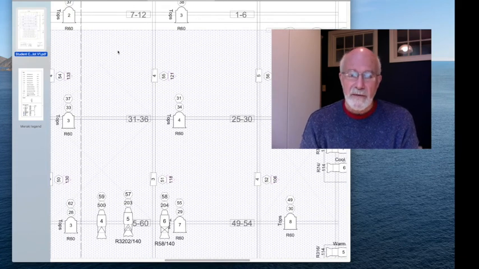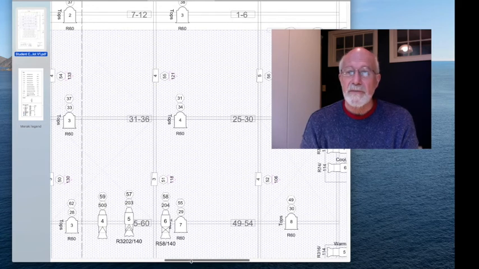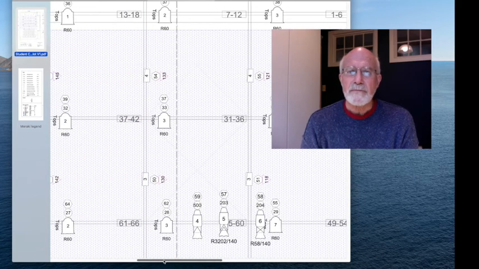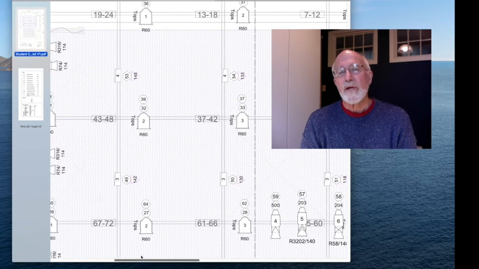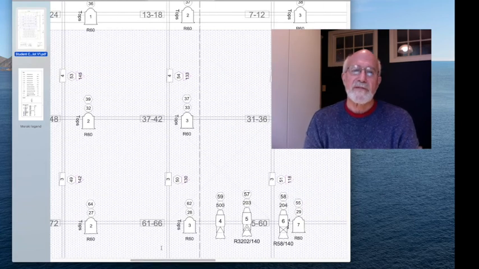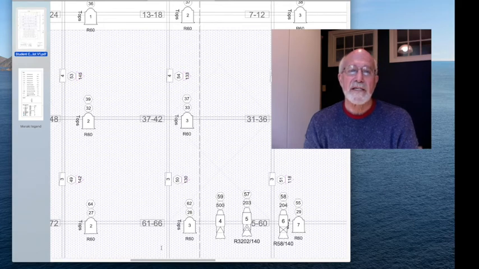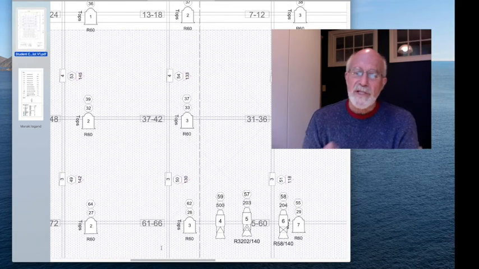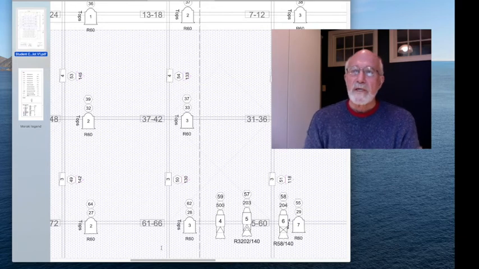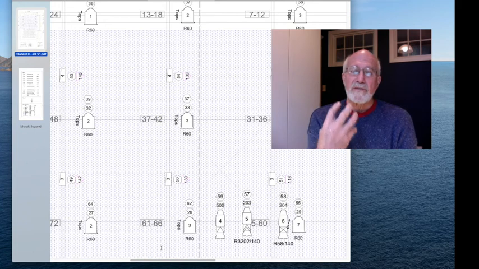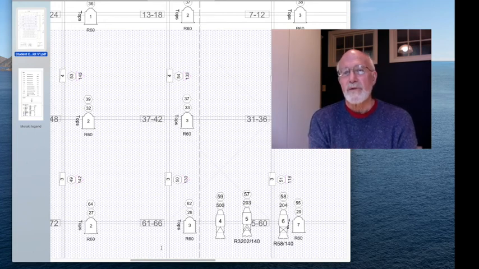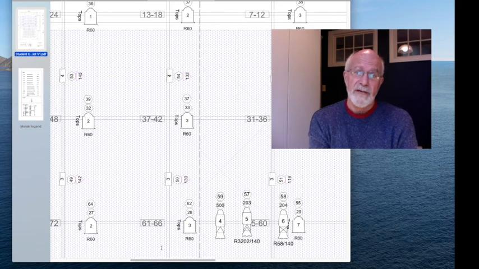And in this case, it starts over here, 1 to 6, 7 to 12, going across, 13 to 18, 19 to 24. It's done that way because it's common practice to orient systems in a theater according to the point of view of the performer facing the audience.